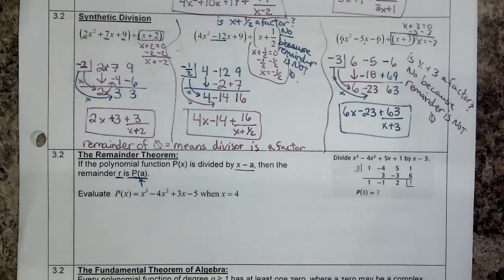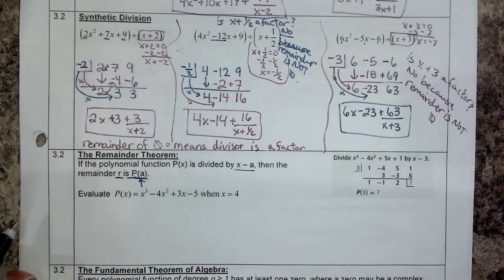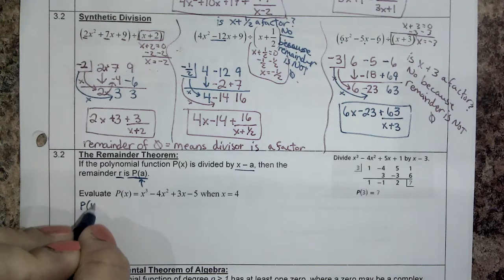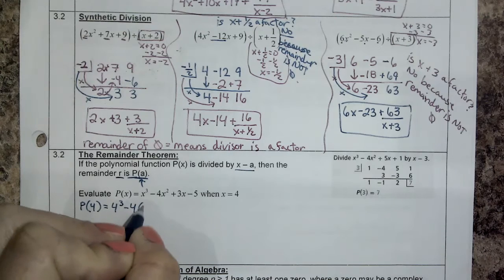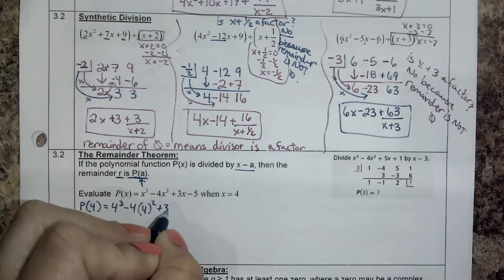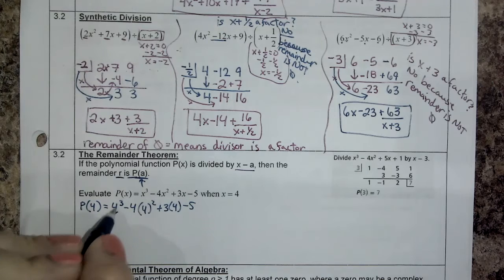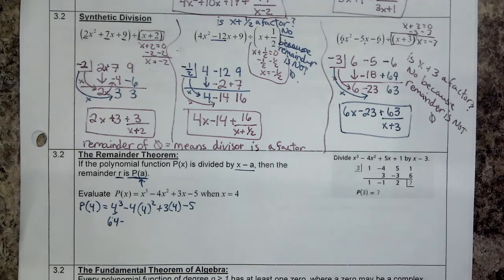So let's go ahead and take a look. It says evaluate p of x when x equals 4. Okay. So I'm going to find p of 4. So 4 to the third minus 4 times 4 squared plus 3 times 4 minus 5. 4 to the third is 64, minus 4 times, let's see, what is that? 4 times 16.